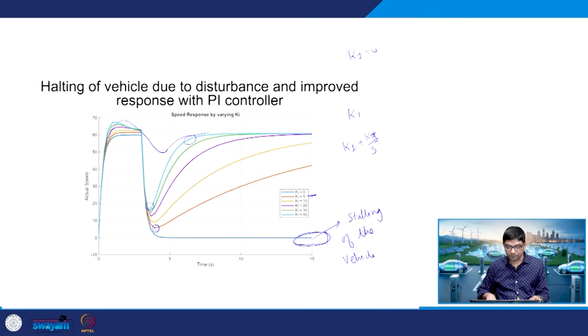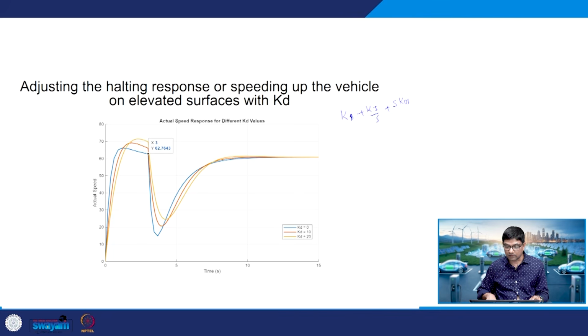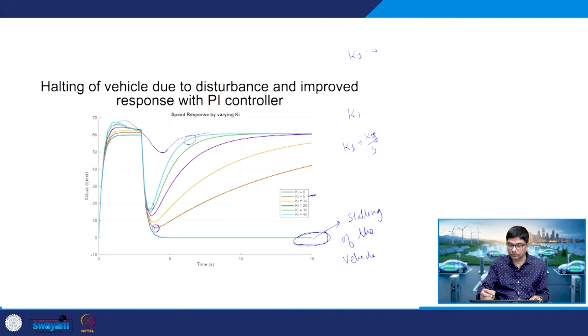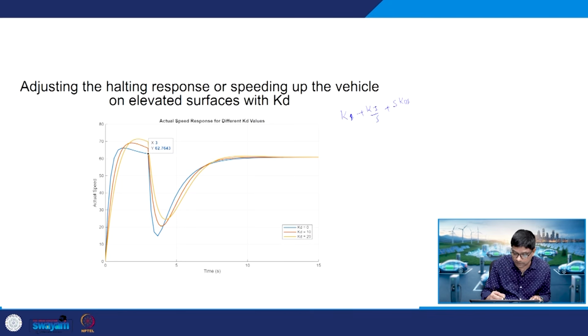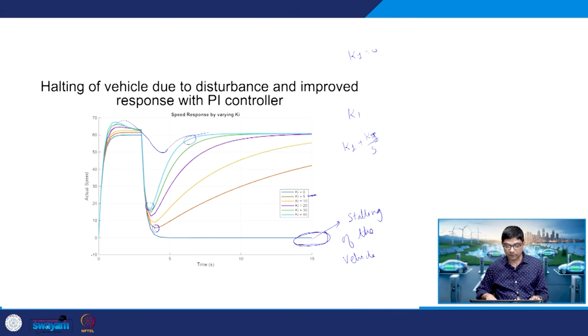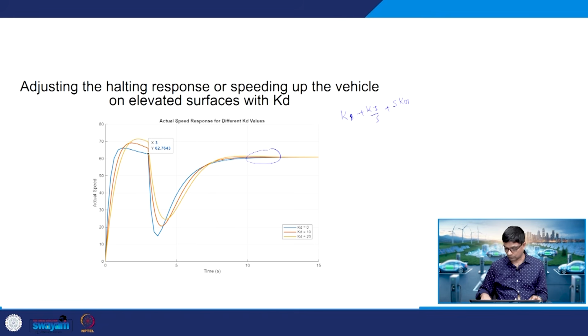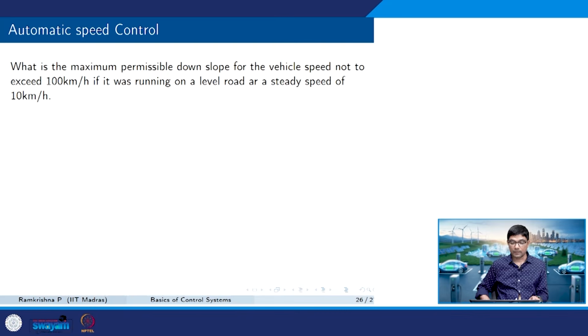Things here are recovering maybe a little faster. For different values of Kd, you see that the response actually becomes a little faster and things settle down at maybe a little faster pace. Things start recovering also a little quicker and so on. So this comes with the action of S times Kd of S.